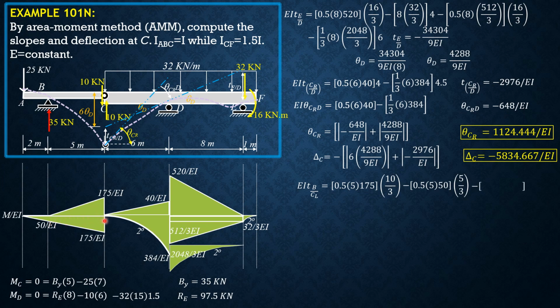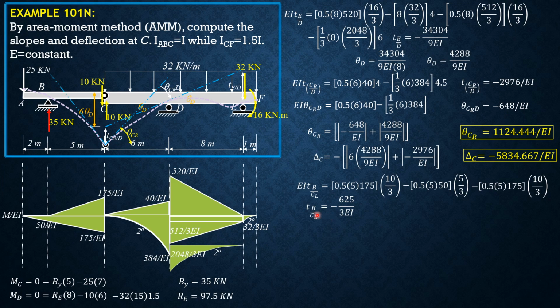For the smaller triangle, minus 0.5 of 5 times 50 times 5/3. The moment arm is 5/3 for the smaller triangle. For the bigger triangle, it is 2/3 of 5, so 10/3. So minus 0.5 of 5 times 175 times 10/3. So using the calculator, the deviation of B relative to C left is equal to negative 625 over 3 EI.